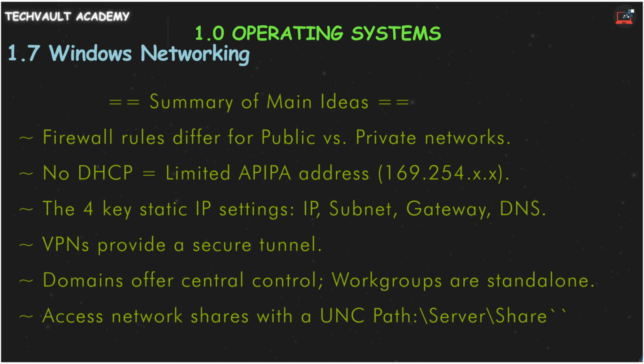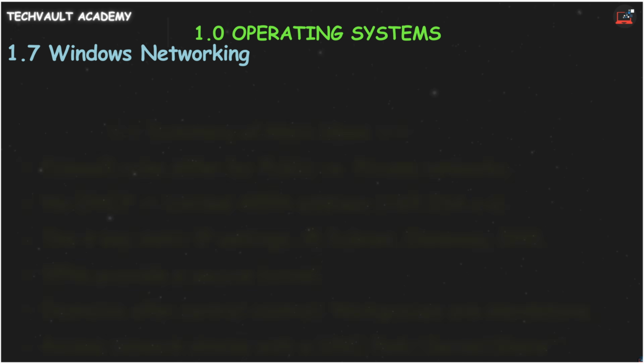A domain provides centralized control via Active Directory, while a workgroup is decentralized. To access shared resources, you can map a network drive to a UNC path, which looks like \\servername\sharename. And finally, enable metered connections to save data on cellular or other pay-per-use networks.